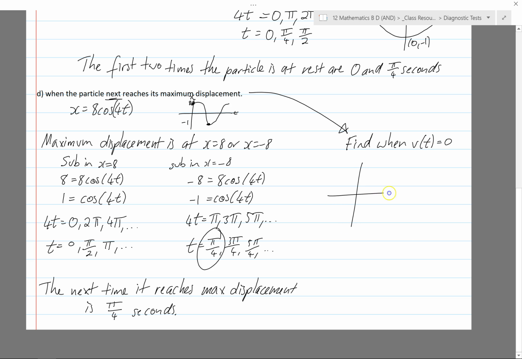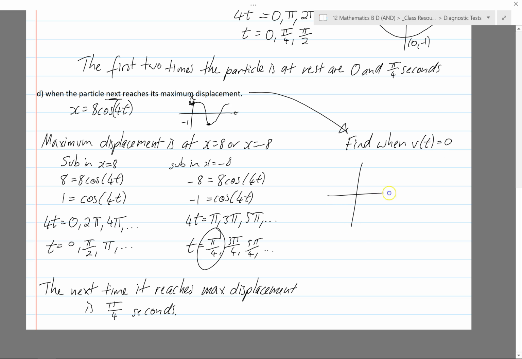So I'm going to start by finding if there's any x-axis intercepts. And I'll do that by setting the function equal to 0. Okay, divide both sides by 2. And again, I'm on my unit circle looking for where the x-coordinate is 0. So I see it here and here, which are pi on 2 and 3 pi on 2 radians.